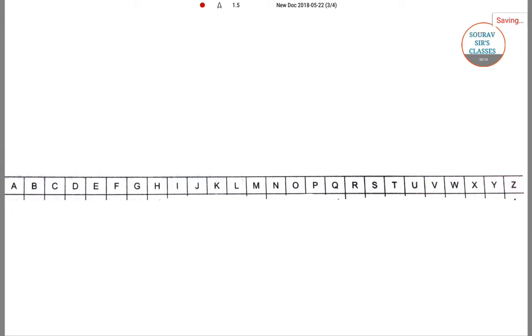Sometimes we come across questions like: find the eleventh letter to the left of the 20th letter from the left.